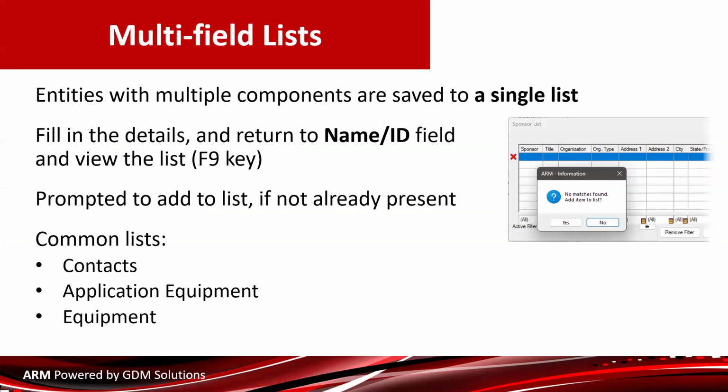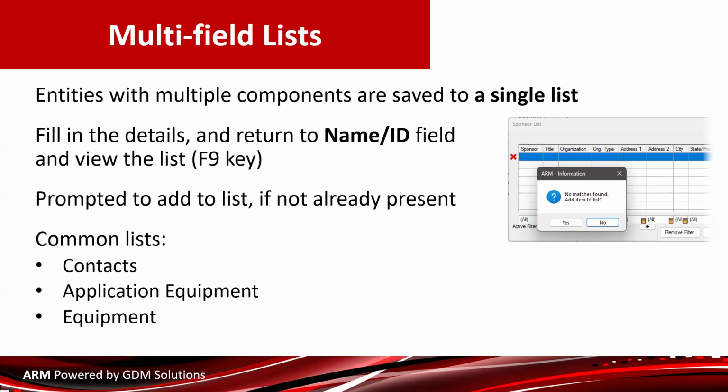And so all of those different fields, all those different boxes, are all related to each other, right? They all really represent one entity. In our case here, we're looking at a contact. Well, that's the one person to contact, but there's all this different information about them. And so we have one list that has all those different fields in it. And that's what this multi-field list really is.